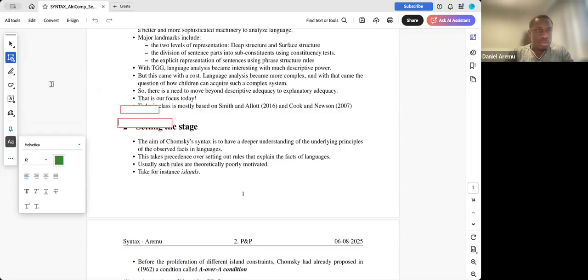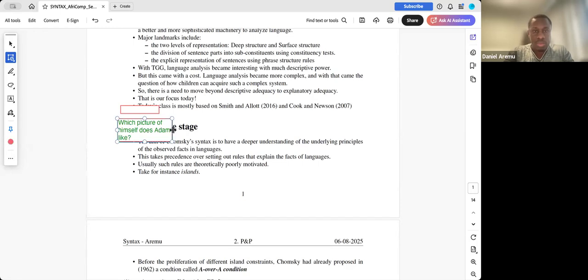Which picture of himself does Adam like? I want to make this bigger. Yeah, good. Very nice.